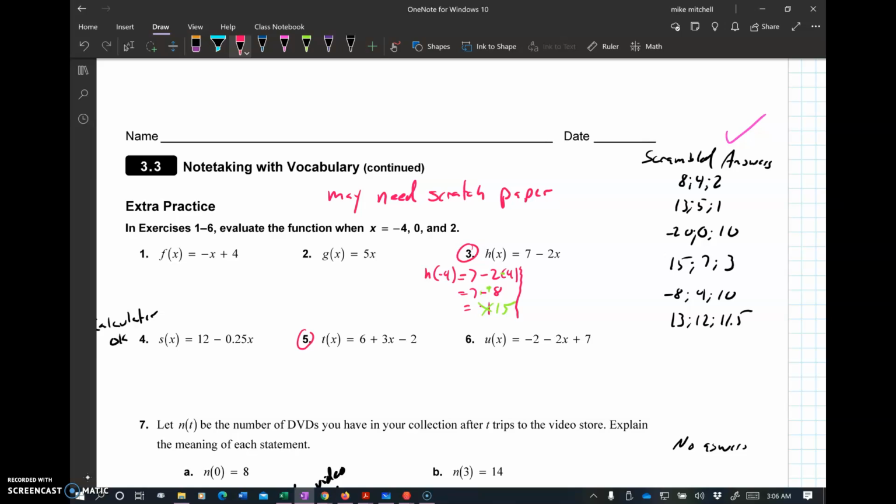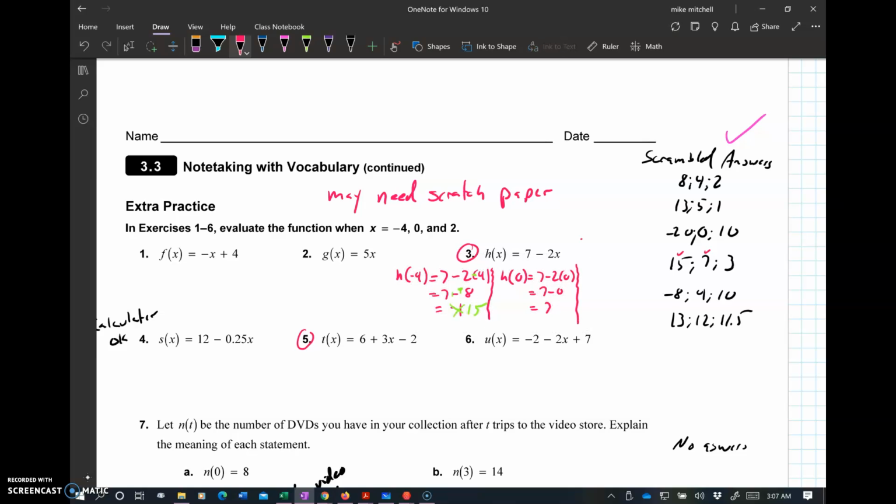Next I'm going to do h of 0, and that's going to give me 7 minus 2 times 0, which is 7 minus 0, which equals 7. So I had my 15, there's my 7. I can see I'm running out of room, and you're going to wish you could do this on your paper.